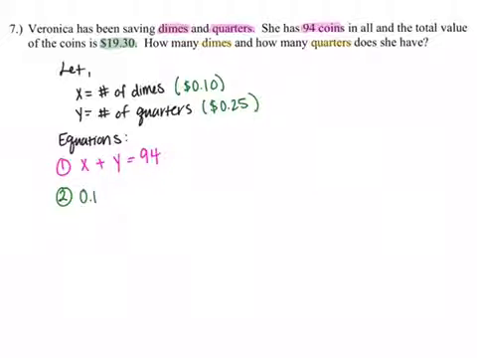And that's my coefficient for my X, because X is the number of dimes. You want to multiply how much a dime is worth by the number of dimes you have. We're going to do the same thing with quarters. A quarter is worth 25 cents, so 0.25, and we're going to multiply that with the number of quarters we have.